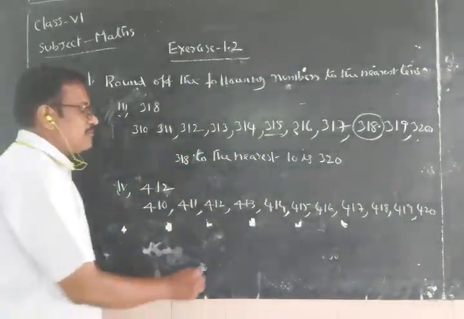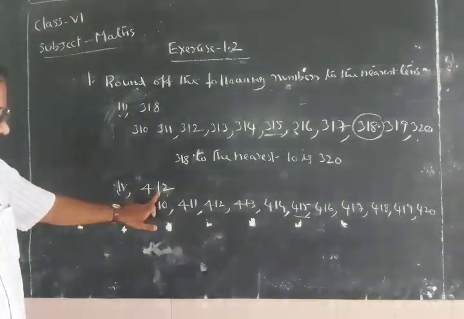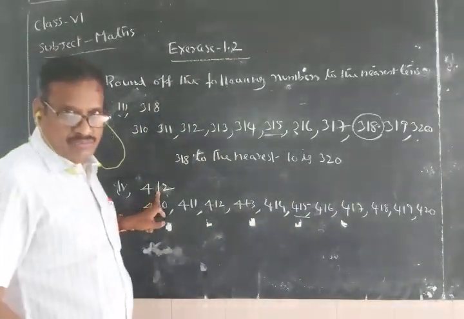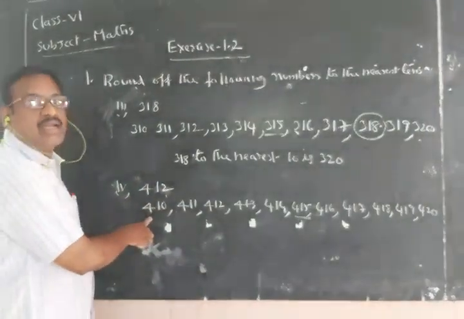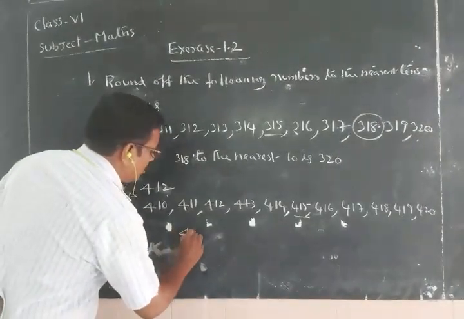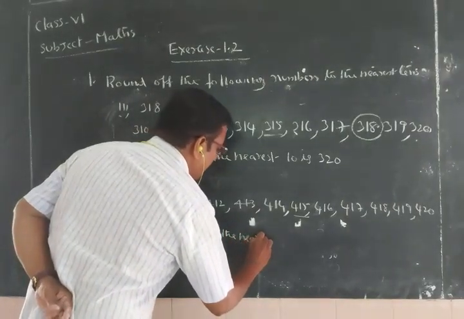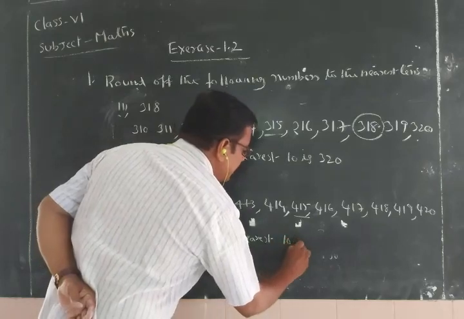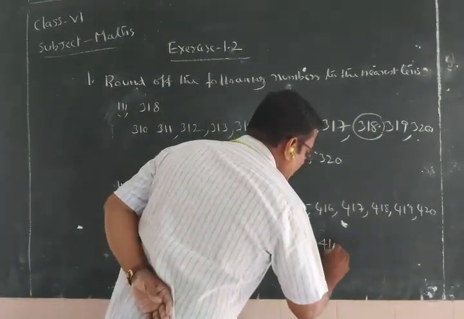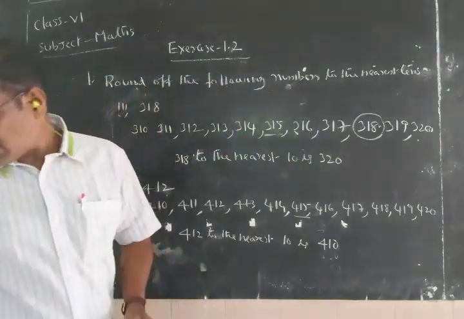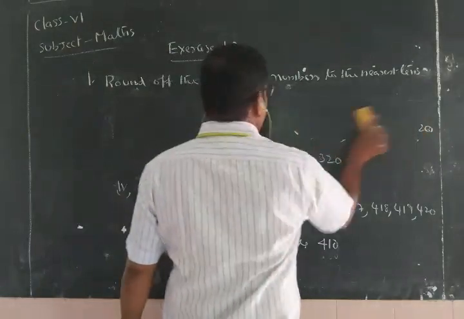So 415 is the middle of the numbers. So what is the number we take? 412. 412 to the nearest 10 is 410.